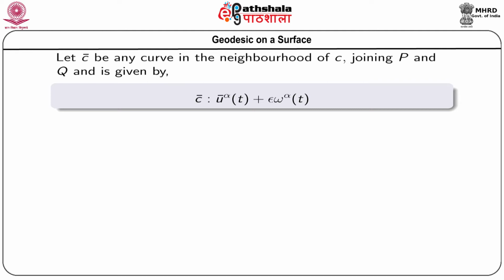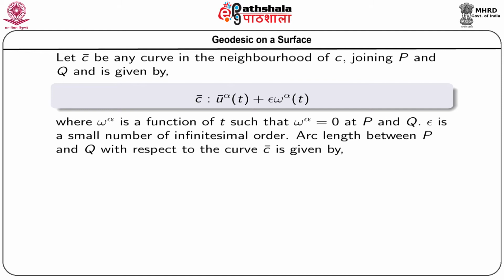So, a little bit of change has been done to the equation of the curve, where ω^α is a function of t such that ω^α equals 0 at P and Q. That means C and C bar will coincide at the points P and Q, and ε is a small number of infinitesimal order.